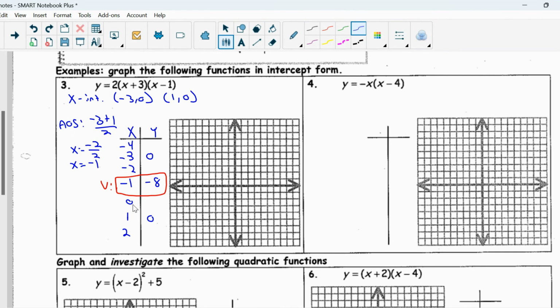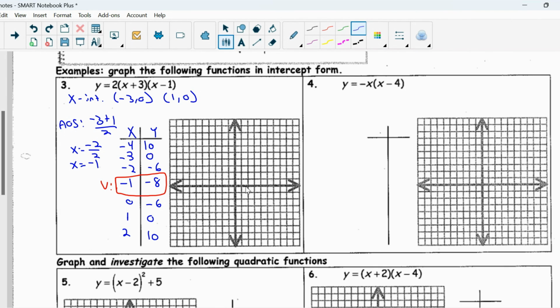So let's just fill in the blanks. 0 plus 3 is 3. 0 minus 1 is -1. So 2 times 3 times -1 gives us -6. And we know this reflects. Same goes with 2. That would be 2 times 5 times 1, which gives us 10. We know this reflects as well.